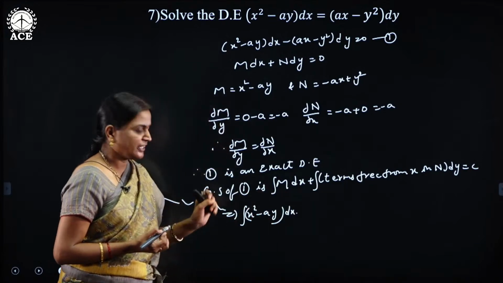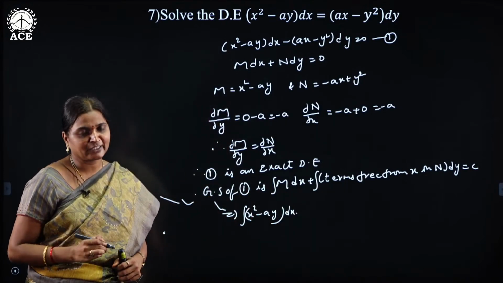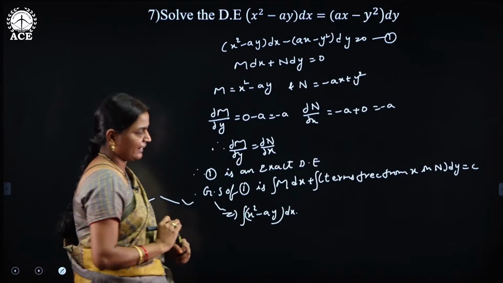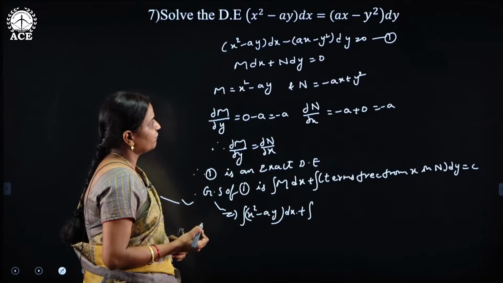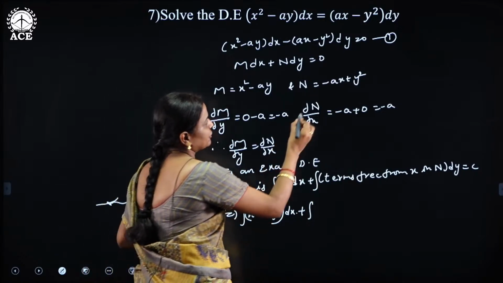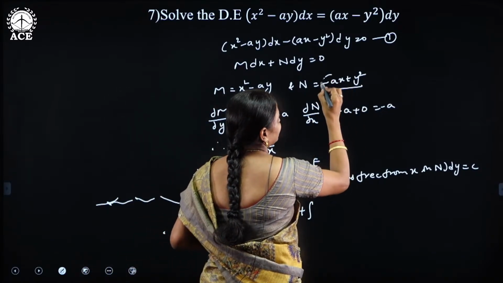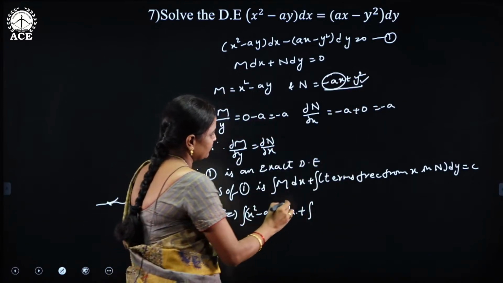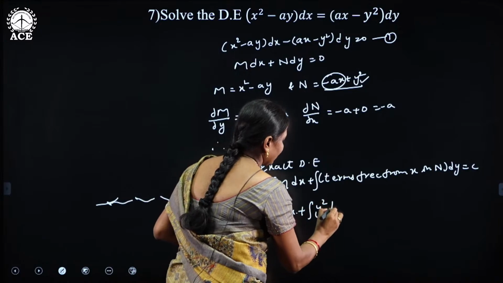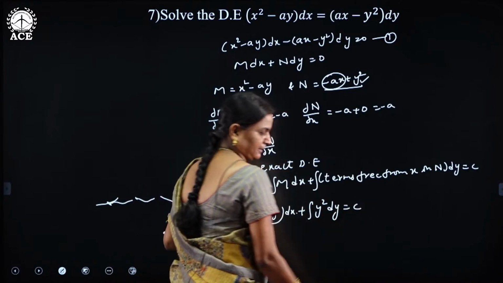That is, first integration is performed with respect to x only and treat y as a constant, plus integral terms free from x in n. So here we have two terms. First term contains x. This is the only term that is free from x. So write the term only. Y square into dy is equal to c.